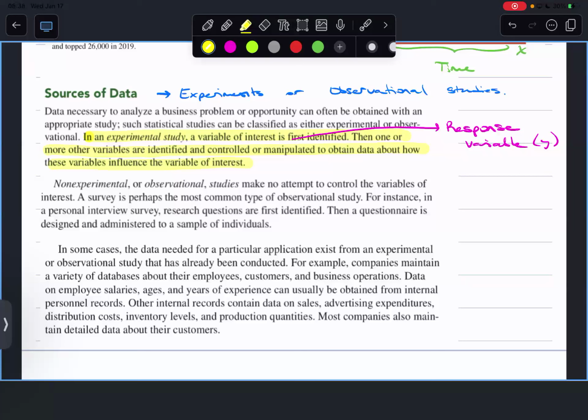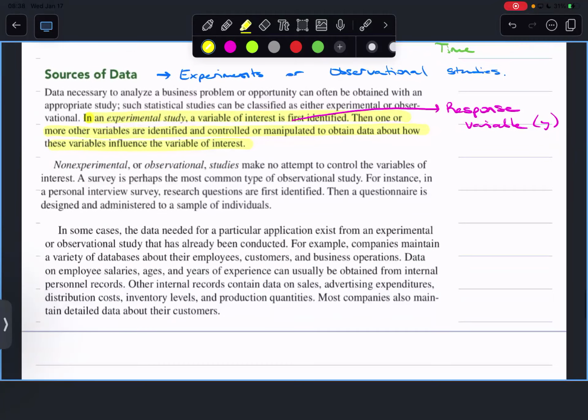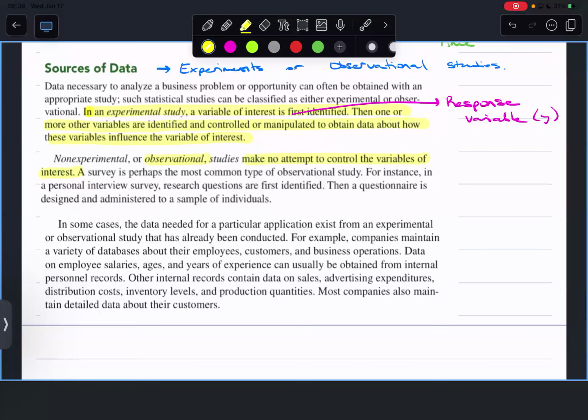We just let the data come to us and we're not manipulating any aspect. I call them observational studies, which make no attempt to control the variables of interest. Usually that's in the form of surveys. There are lots of other ways that we can collect data, but most information comes from surveys.